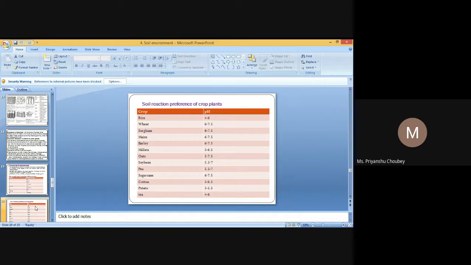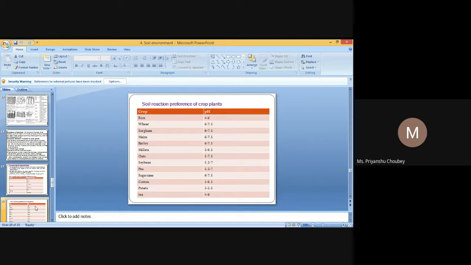Wheat 6 to 7.5, sorghum 6 to 7.5, maize 6 to 7.5, barley 6 to 7.5, millet 5 to 6.5, oats 5 to 7.5, soybean 5.5 to 7, pea 5.5 to 7, sugarcane 6 to 7.5, cotton 5 to 6.5, potato 5 to 5.5, and tea 4 to 6.